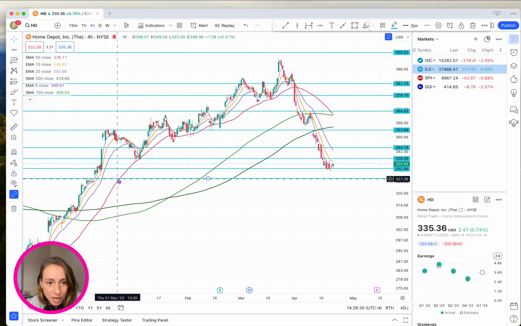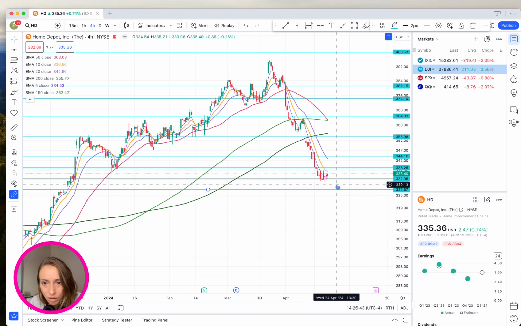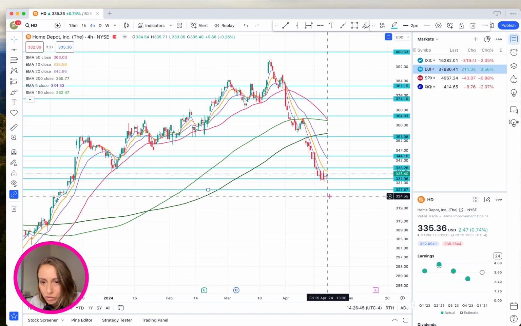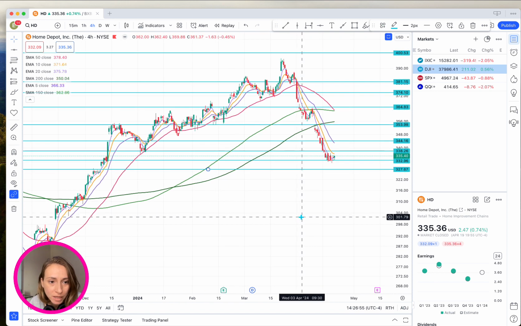So it just broke that area that was resistance, and then it popped up above it. If this continues down, I'd want to be on alert around this area, because we've seen that while it was resistance, it could flip over to potential support here.